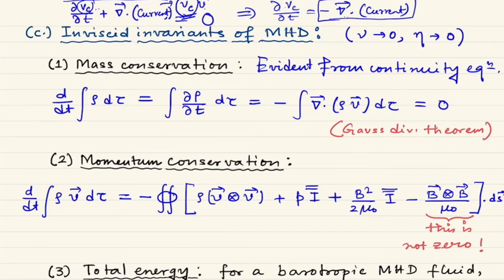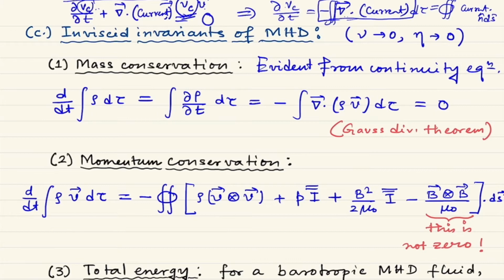That means if finally we have to prove that the volume integral of this thing is 0, then by Gauss's divergence theorem, this is nothing but the closed surface integral of the current dot dS.